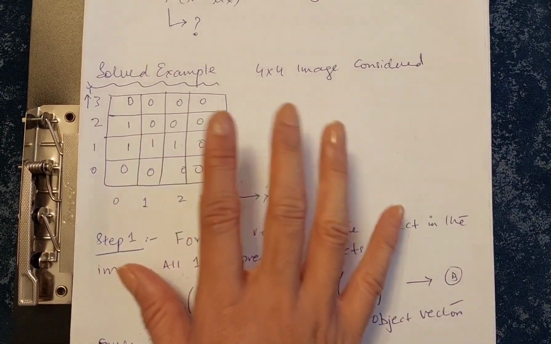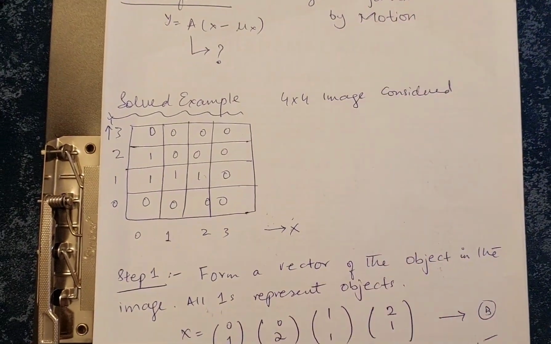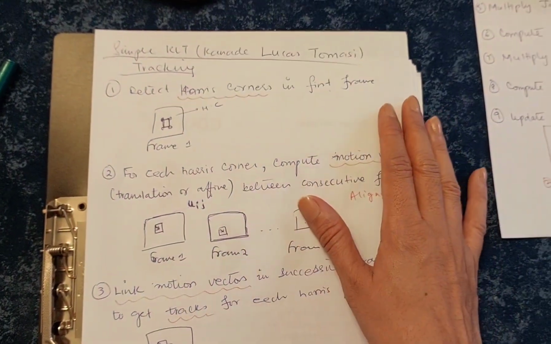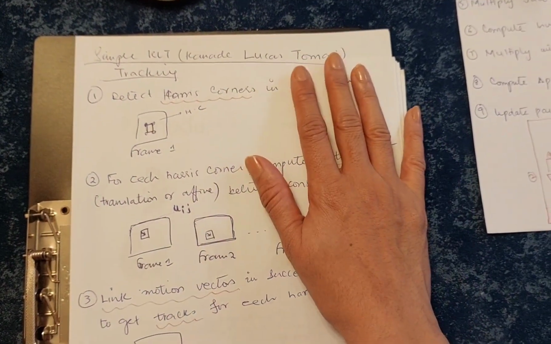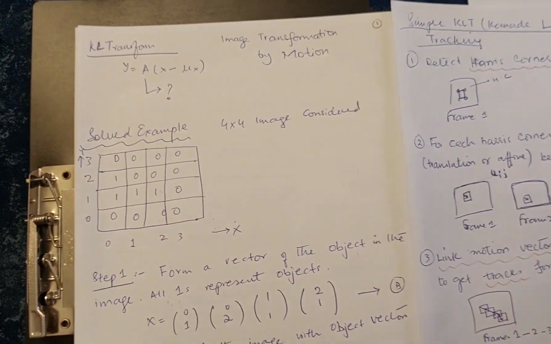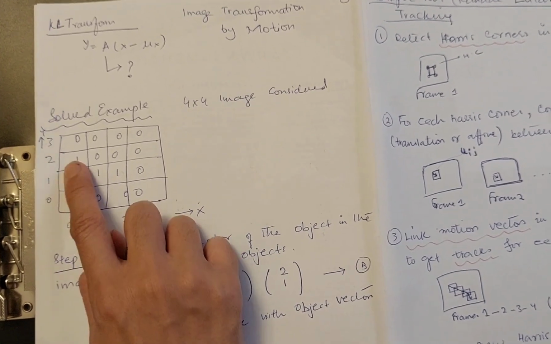If I refer you a little to the actual algorithm, how does it work? In the simple Kanade algorithm, you first have to detect the Harris corners. Right now we do not need to detect the Harris corners because I have already told you that these are the objects.